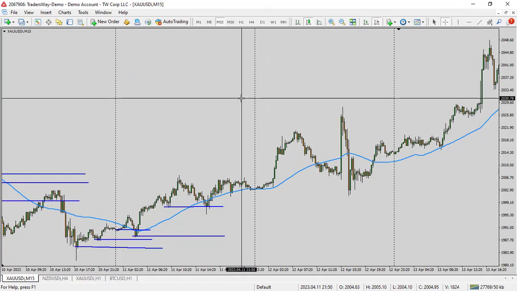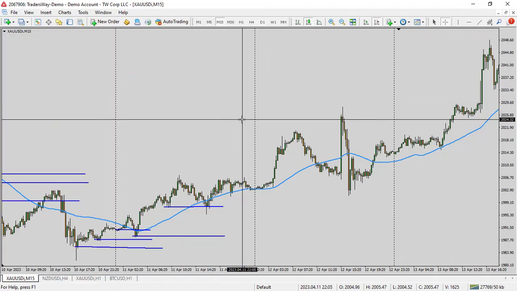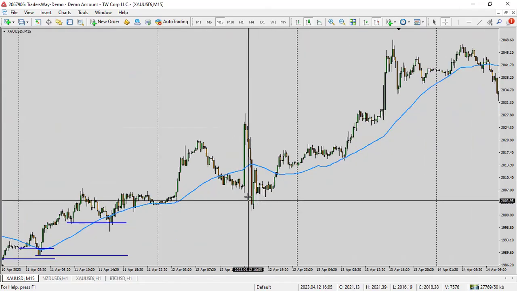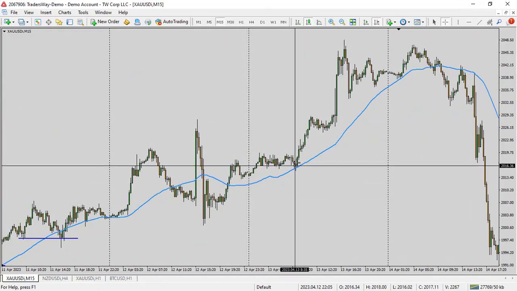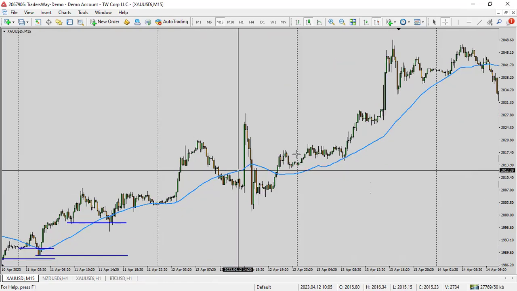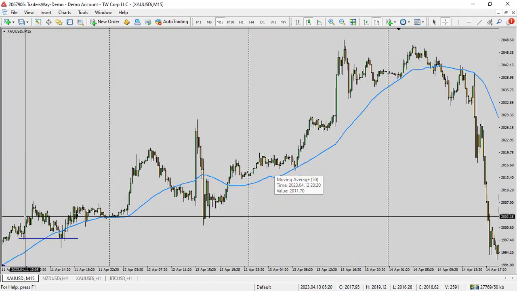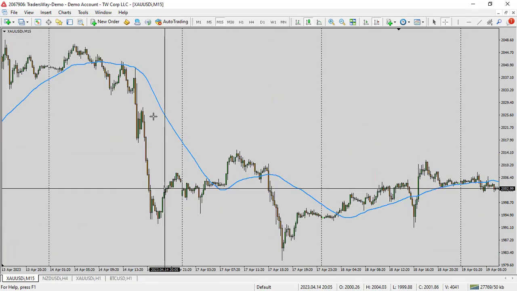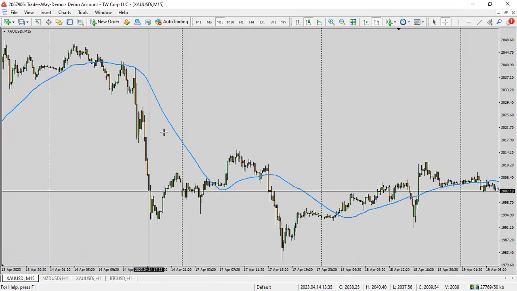A downtrend overall is when the Bears score more points than the Bulls, when supply has more points than demand, but both teams are scoring. When you have an uptrend, you have supply and demand, but both teams are scoring. Then when you have a downtrend, you have supply and demand, and both teams are scoring, but supply is scoring more points.